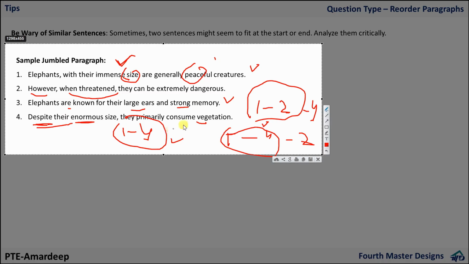Now immense size, they still eat vegetation. So first and fourth. "However, when threatened": now do not get confused. If students are making mistakes, they make mistakes in this part only. They will think, okay, peaceful and threatened. No. Here, 1 and 4 cannot be separate, and I can consider both as one entity. And then I can go for second here.